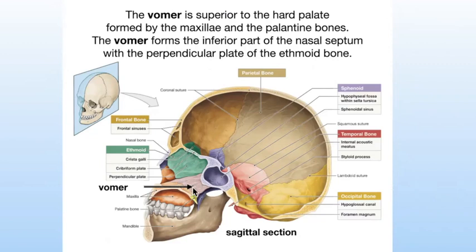So here's the vomer in a weak kind of pink color here, and it's the inferior part of the nasal septum, and the perpendicular plate of the ethmoid bone in green is the superior part of the nasal septum. Okay, so we've gone through a lot.